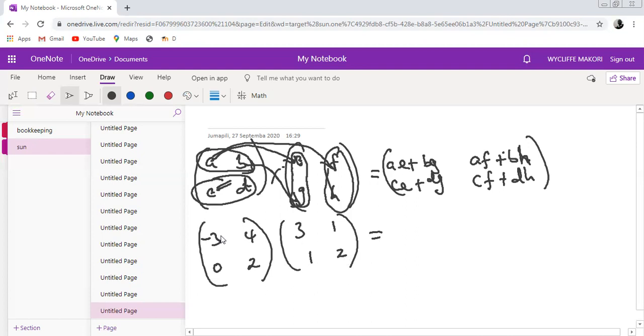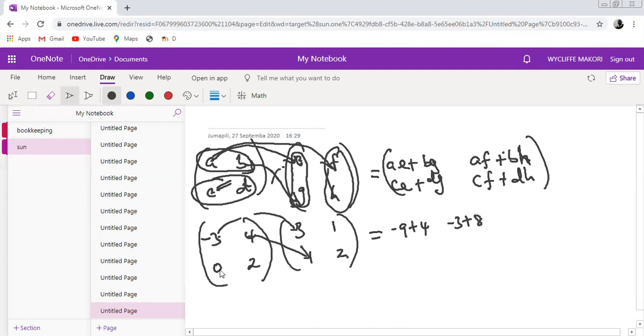So it's going to be like this. This negative 3 will multiply this 3 to have negative 9, plus this 4 will multiply this 1 to have 4 times 1, which is 4. Then we go to the second row. This negative 3 will multiply 1 to have negative 3, plus this 4 will multiply this 2 to have 4 times 2, which is 8.